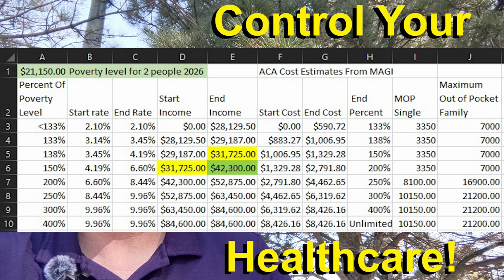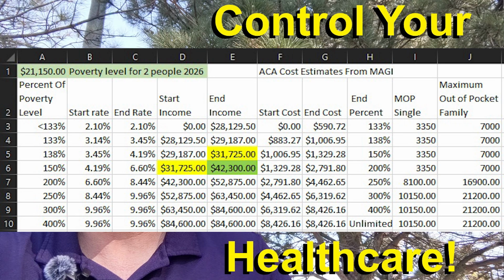And at that amount, you're going to pay 3.45% of your income to health insurance. Then as you slowly grow from 138% up to 150%, that amount is in yellow in column E5. That's listed as $31,725. And I listed that one in yellow because that's kind of an interesting place that I'm going to talk about in just a minute.